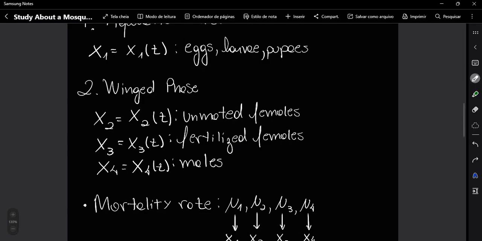And it will also depend if this female is fertilized.